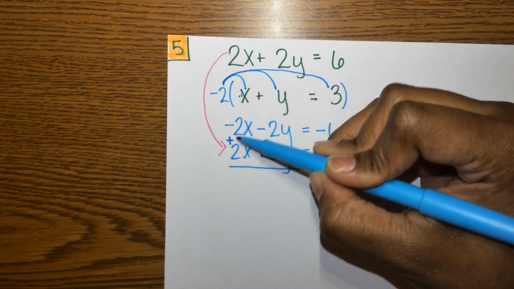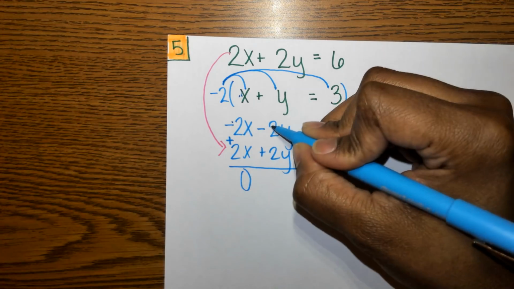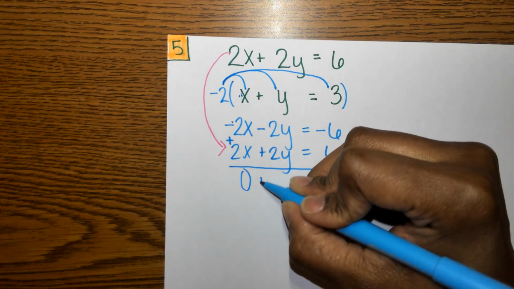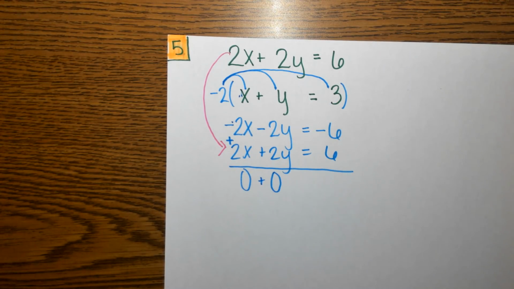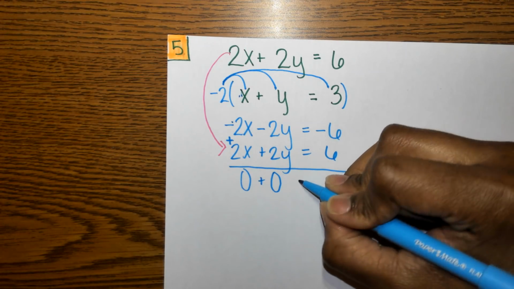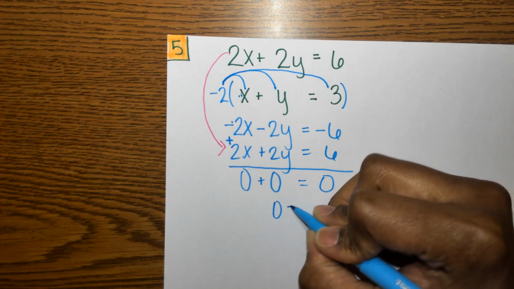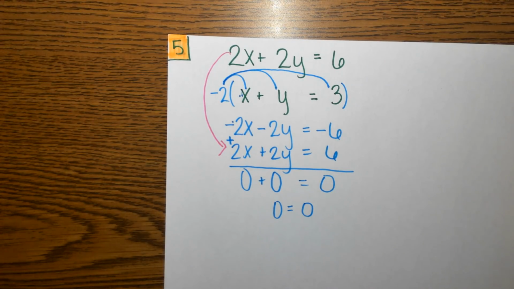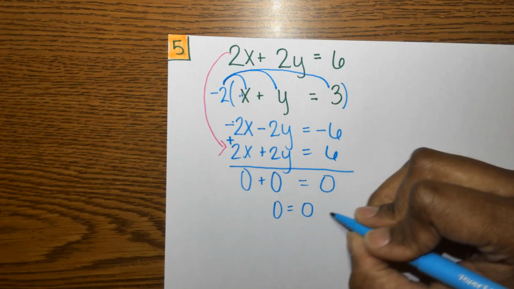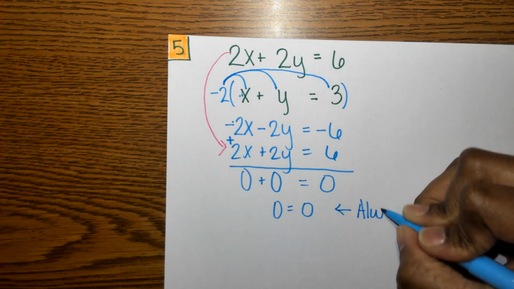So I've got negative 2x plus 2x, that gives me 0. Negative 2y plus 2y, that also gives me 0. And then negative 6 plus 6, that also gives me 0. So what I end up with here is 0 equals 0. Well, 0 does equal 0. That is always true.